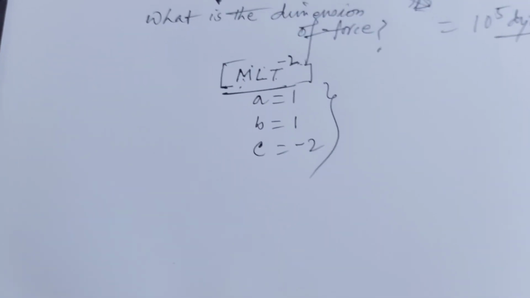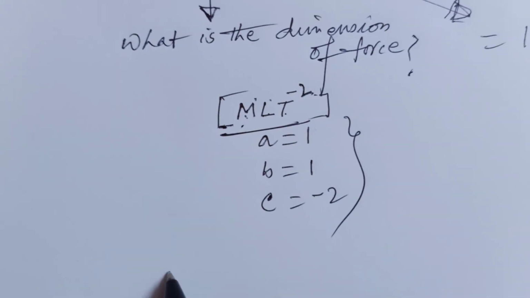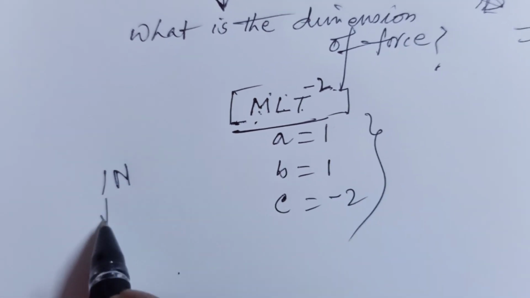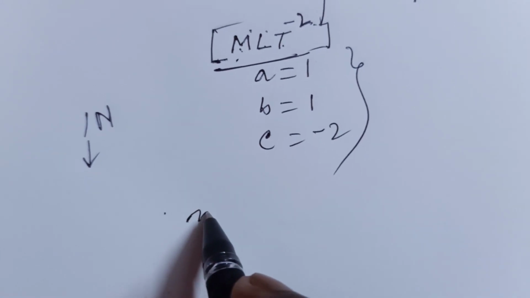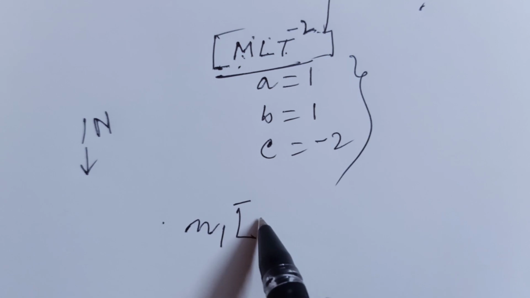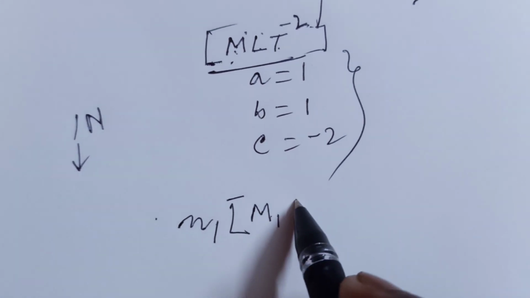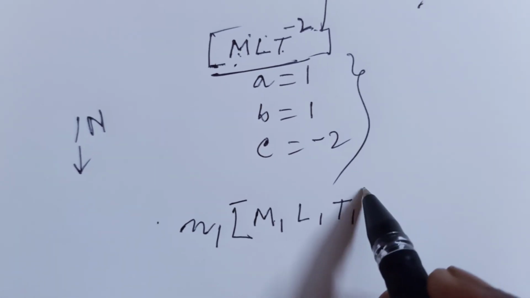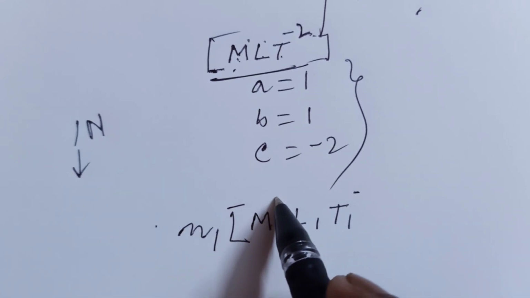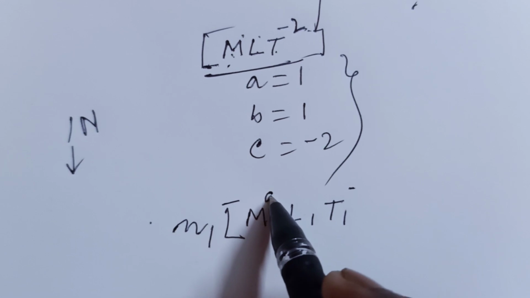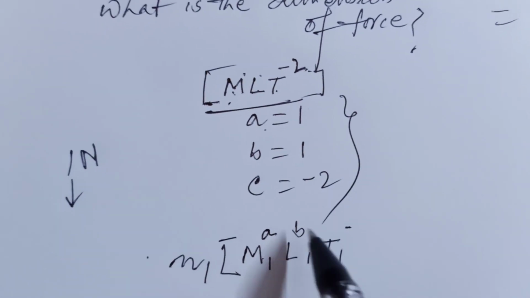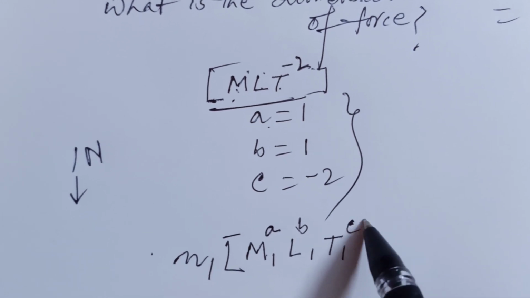Then we know that for 1 Newton the numeric value is 1, so numeric value n1, and the dimension is M1 L1 T1, and its powers are M to the power of a, that is 1, L to the power of b, and T to the power of c.